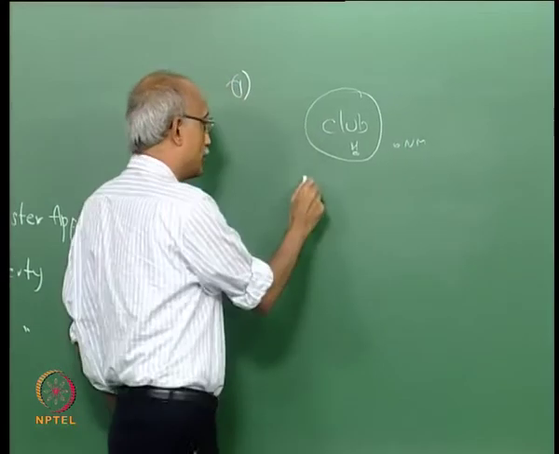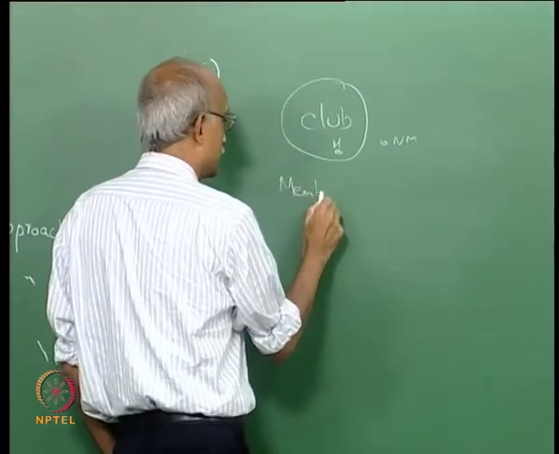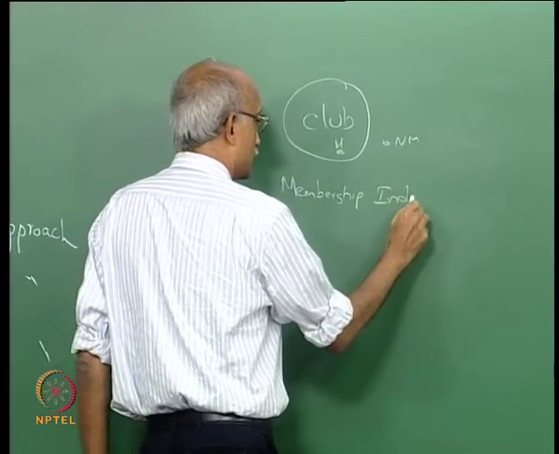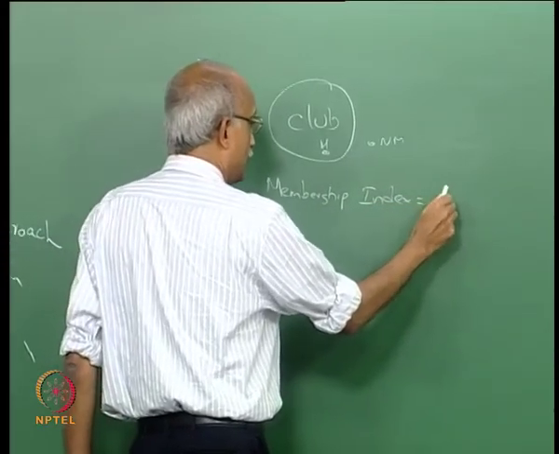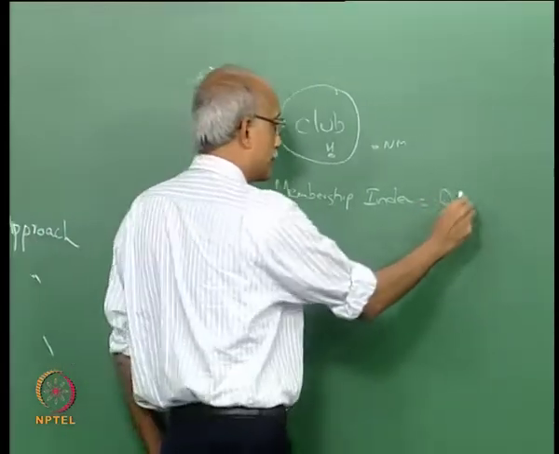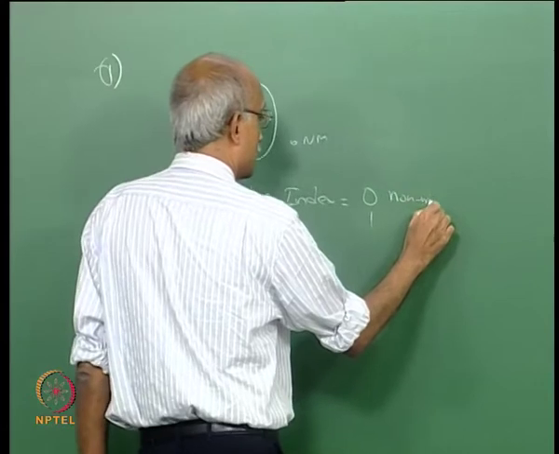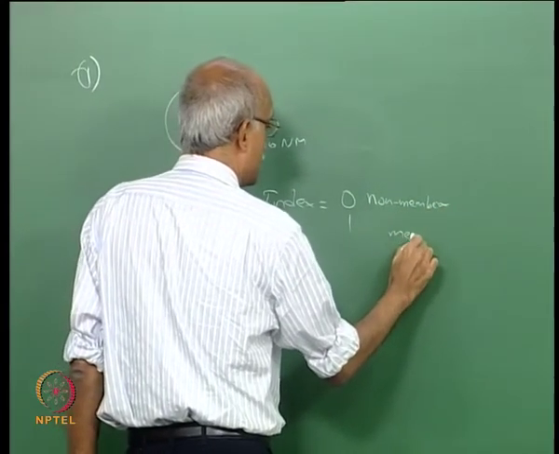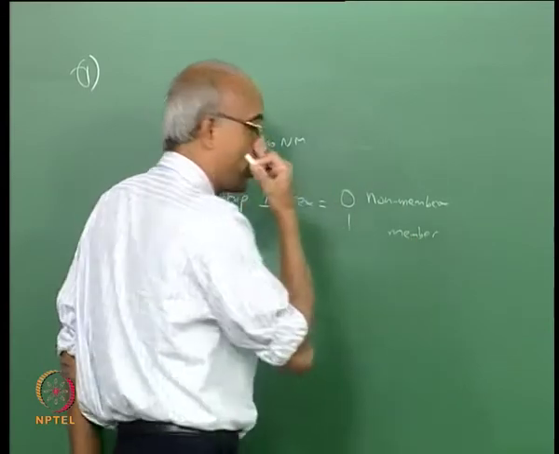So if you define a membership index, it's very binary, right? It's either 0 or 1. It is 0 for a non-member, and it's equal to 1 if you are a member.